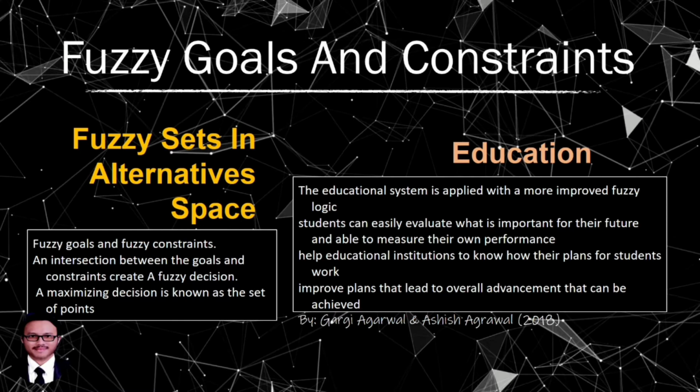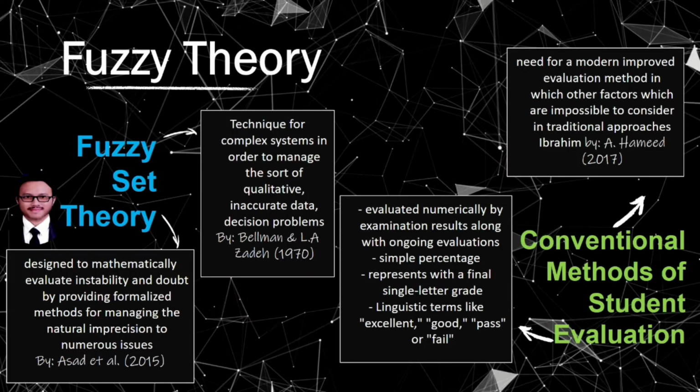Students can easily evaluate what is important for their future and are able to measure their own performance. It helps educational institutions to know how their plans for students work, and improve plans that lead to overall advancements, as stated by Agarwal.